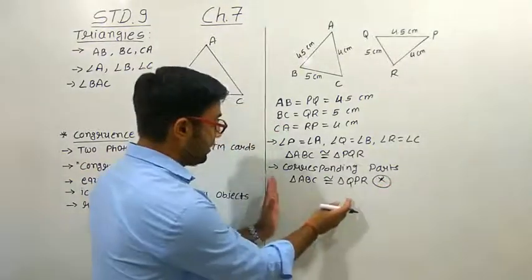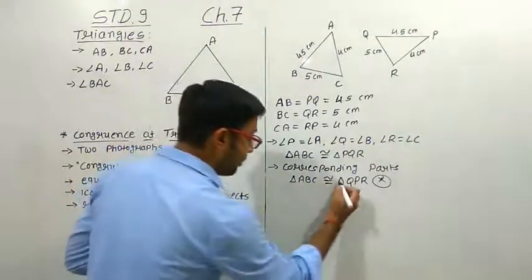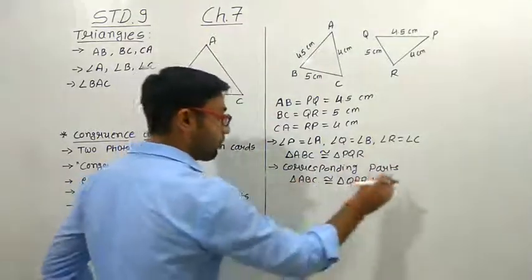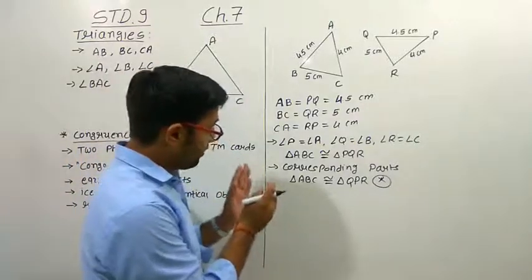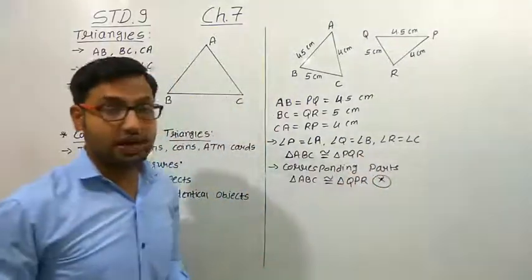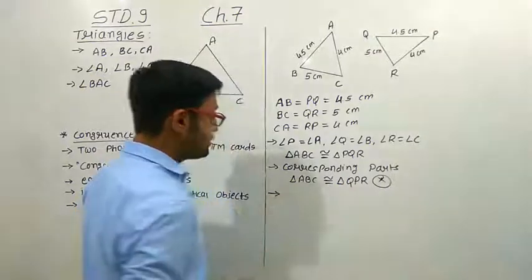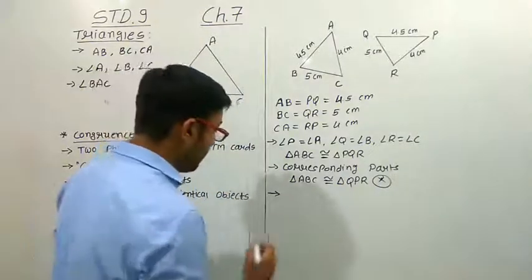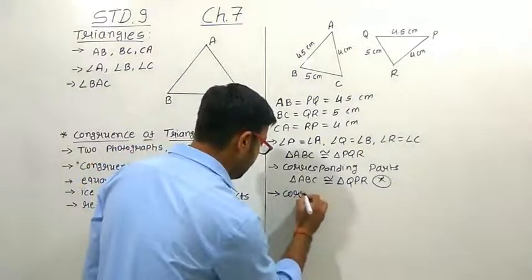We must write it in the proper form only. That is why the respective or corresponding parts must be equal. Whatever parts the first triangle has, they are equal to the corresponding parts of the other triangle. So these parts are called the corresponding parts of congruent triangles.